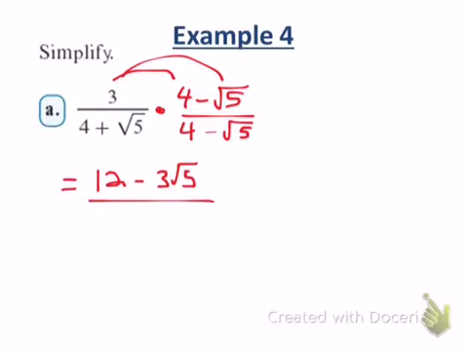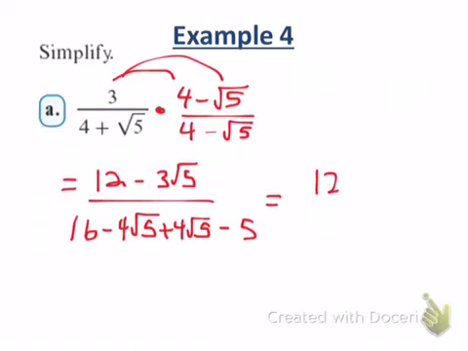And in the bottom, we're going to have 16 minus 4 square roots of 5 plus 4 square roots of 5 minus the square root of 25, which is just 5. And you can see that the irrational terms cancel each other out, and we're left with 12 minus 3 square roots of 5 over 11.